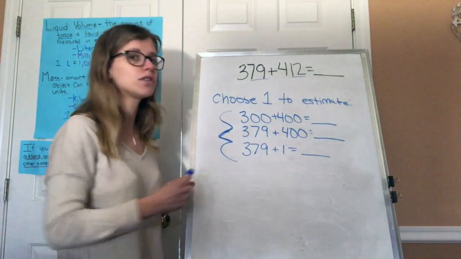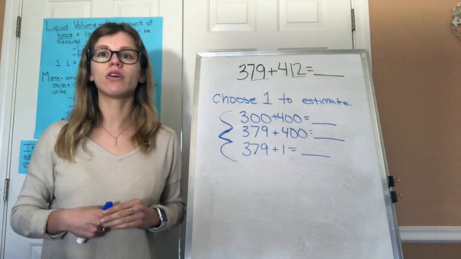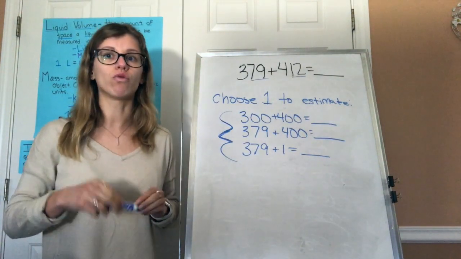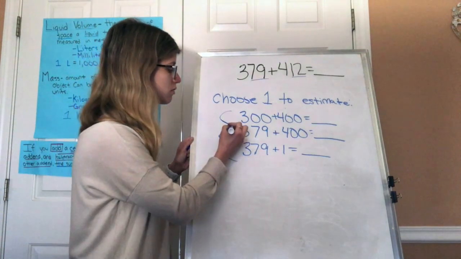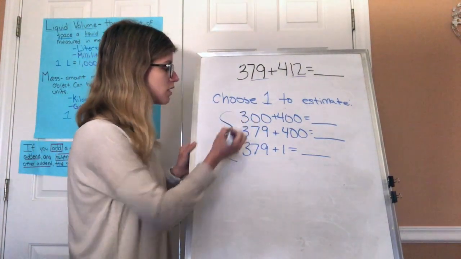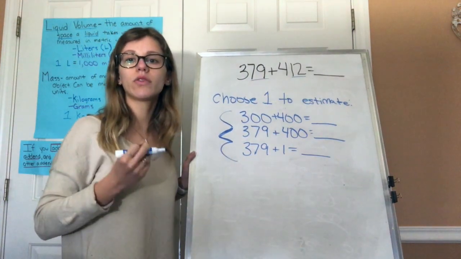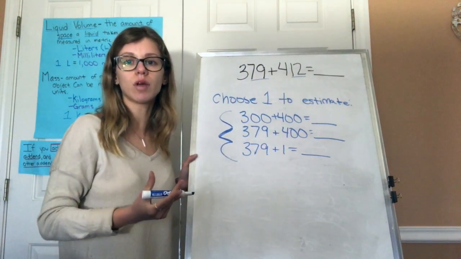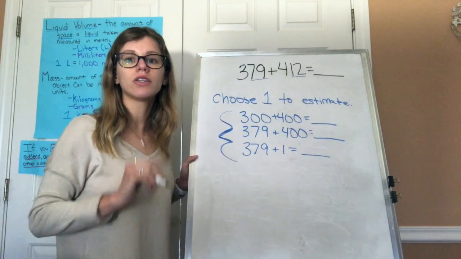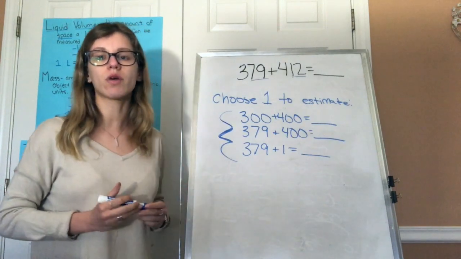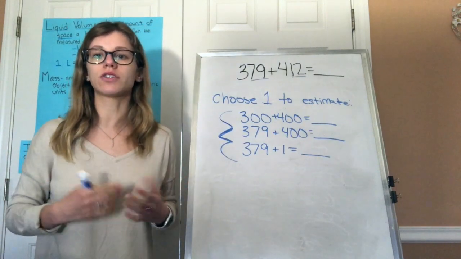So choose one of these starter problems to start your problem, and then think about the way that you're going to finish the problem. So pause me now and choose one starter problem and then think about ways that you can finish the problem.